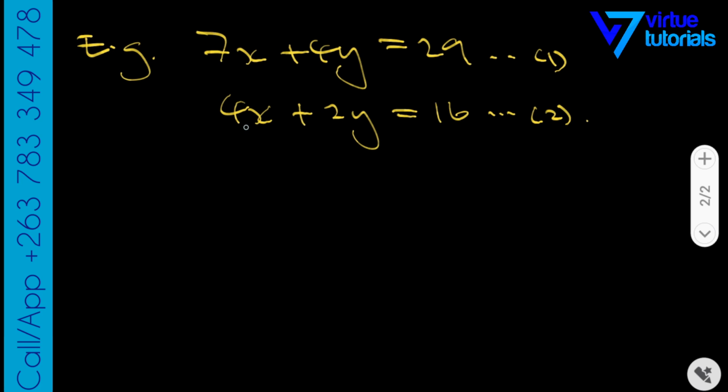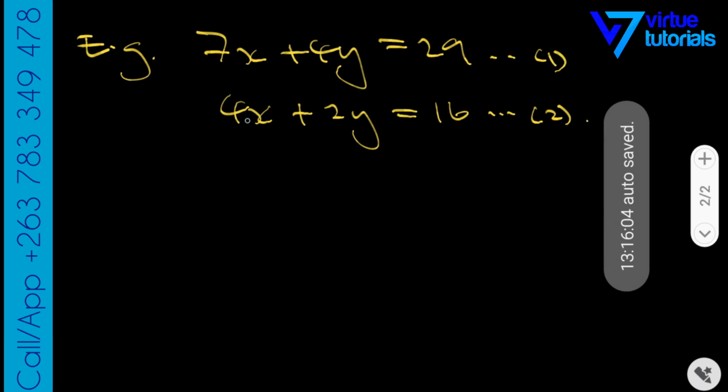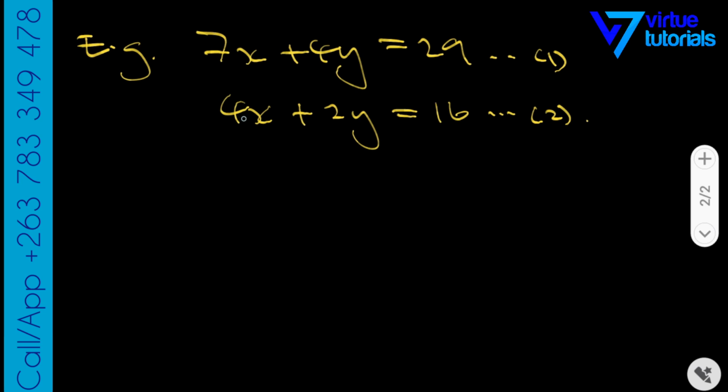So the first thing we do is we look for the lowest common multiple, or any common multiple, but the lowest common multiple is the easiest to work with. The lowest common multiple means the smallest number that 7 and 4 can divide into. 7 and 4 can divide into 28.